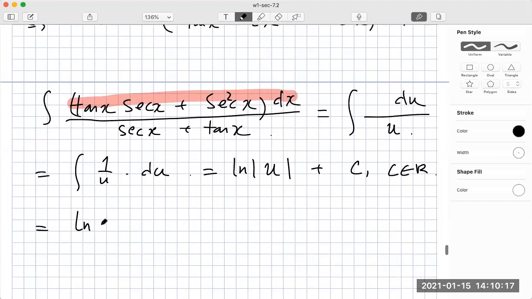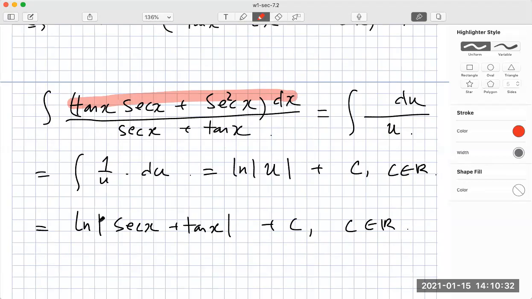It will be, remember, this is the absolute sign. Okay.